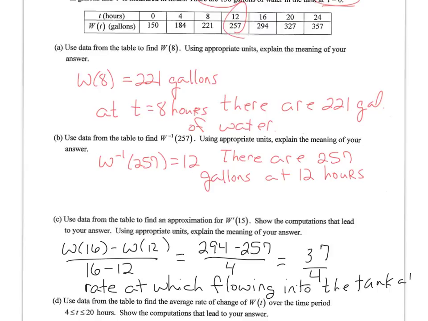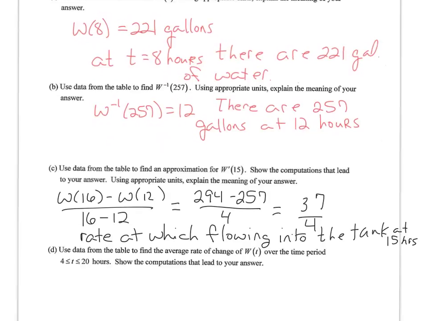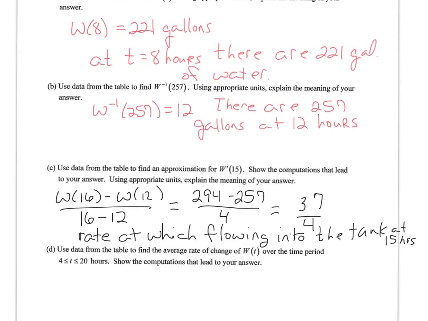Now, did we miss anything? What's the rate of what? What would be our units for the rate? Gallons per hour. Okay, so you need to be sure you use your units and explain the meaning and show the computation.